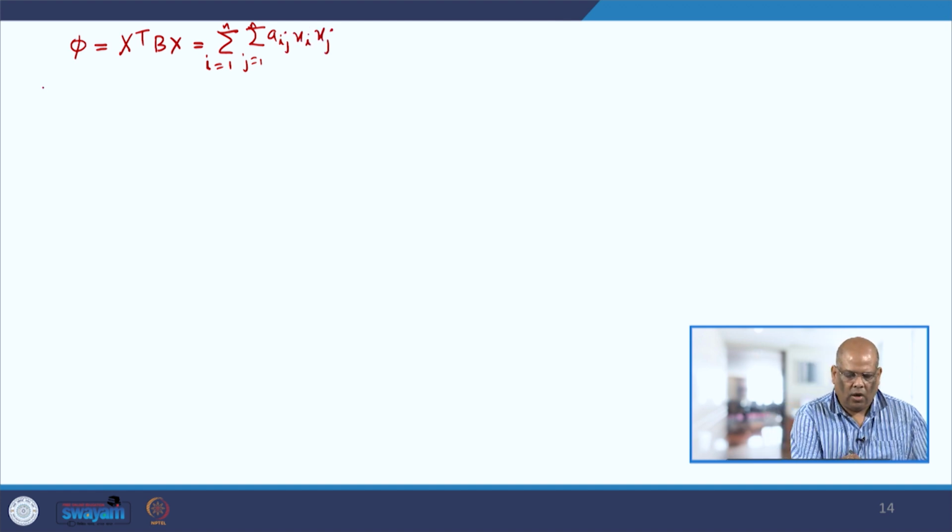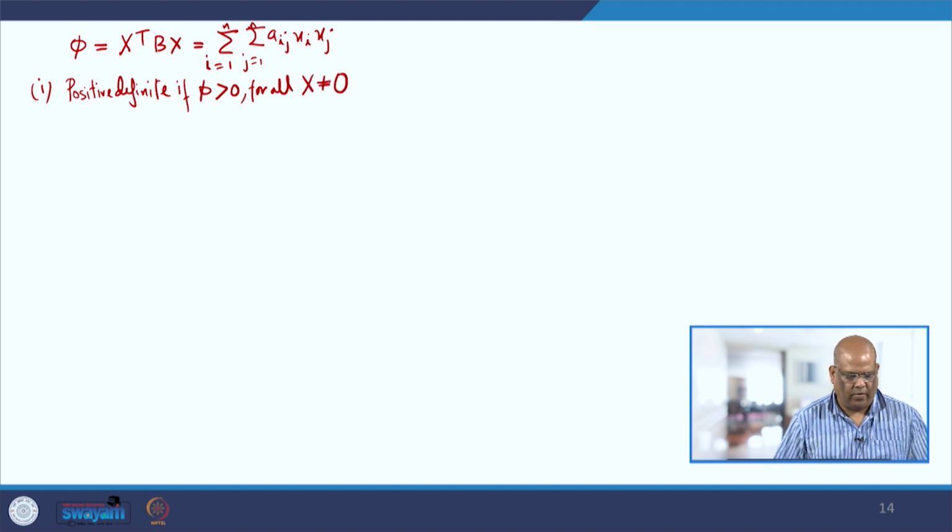Now, this quadratic form is positive definite if phi is greater than 0 for all x not equal to 0, where this is the null vector, and it is equal to 0 for x equal to 0.